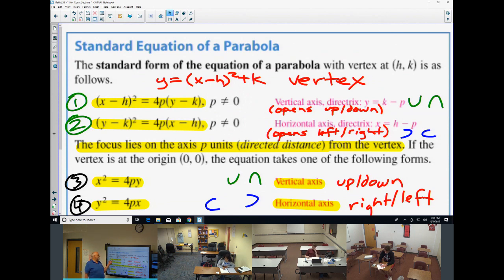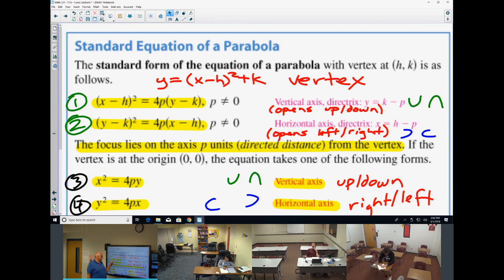So you have (x minus h) squared equals 4p times (y minus k). Now, if the x term is squared, then it's a vertical opening parabola. It either opens up or it opens down. If the y part is squared, then you have (y minus k) squared equals 4p times (x minus h), and the parabola opens left or right. So we say it has a horizontal opening or a horizontal axis.